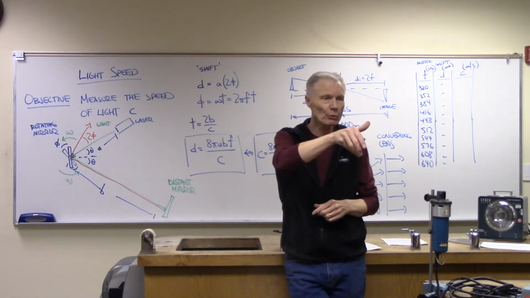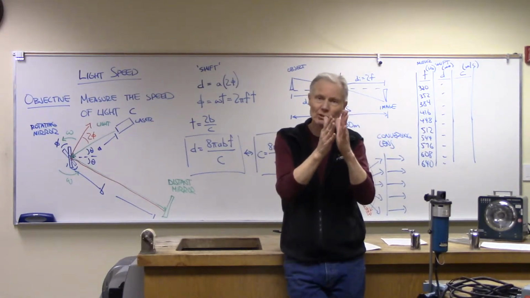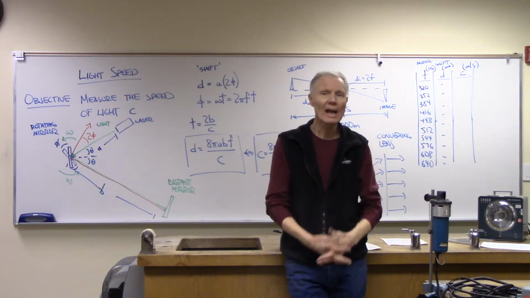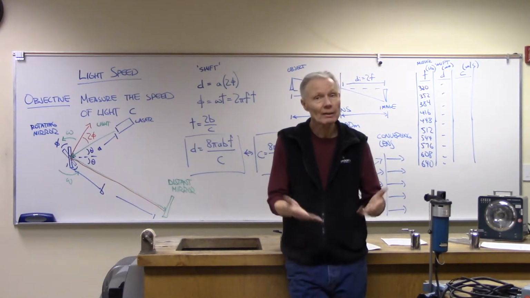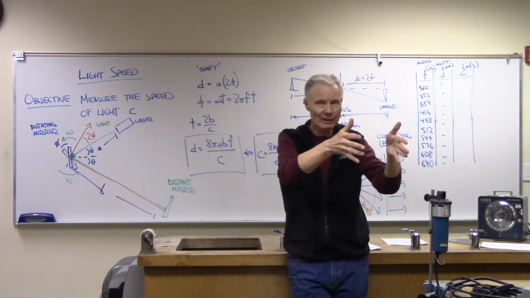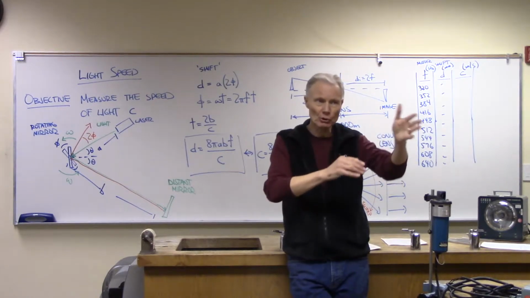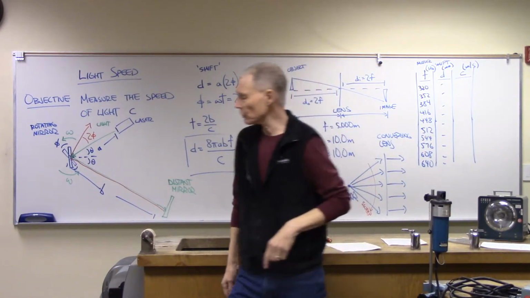As we turn up the motor speed, the returning light shifts more and more, and we can get several millimeters of shift. If we get a good ruler set up and a good view of the image of the return light, that's enough that we can measure the speed of light.